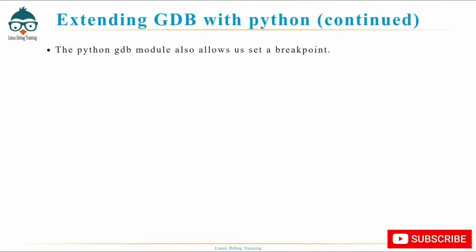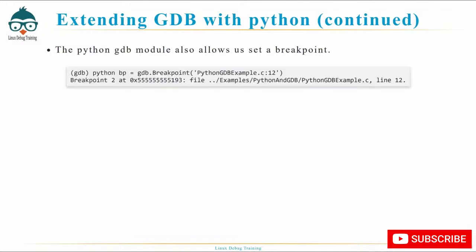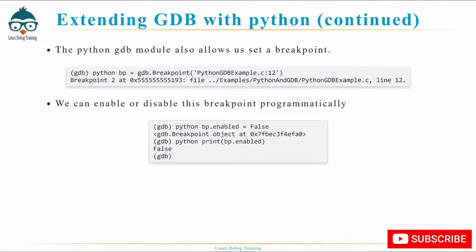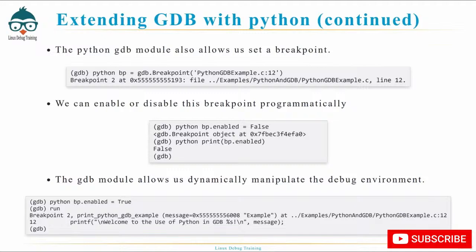The Python GDB module also allows us to set a breakpoint, as shown here, and we can enable or disable this breakpoint programmatically. This feature of the GDB module allowing us to dynamically manipulate the debug environment can be very useful. We will now look at some examples of using Python within GDB.